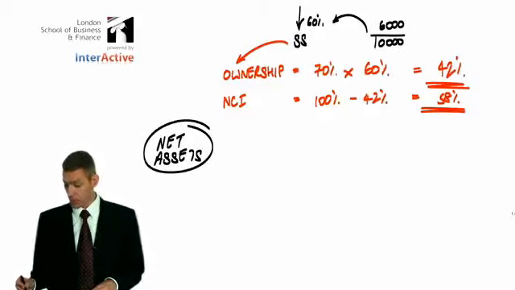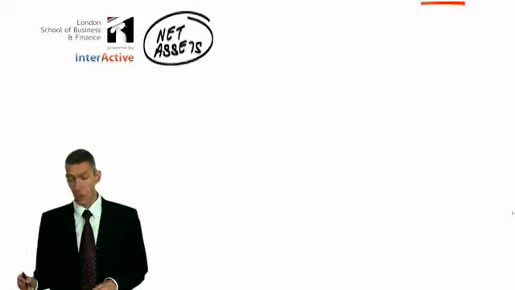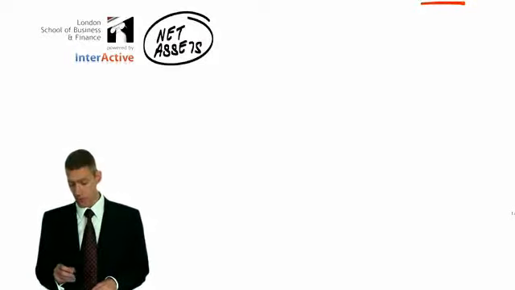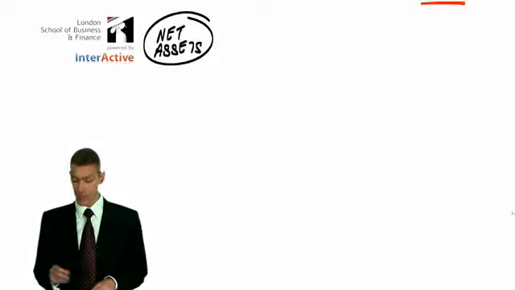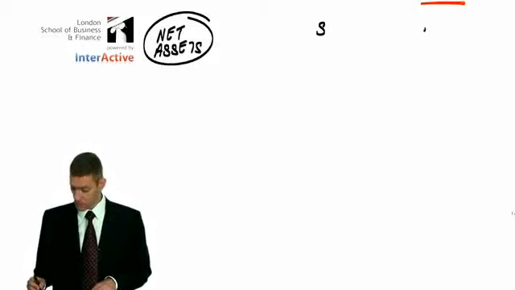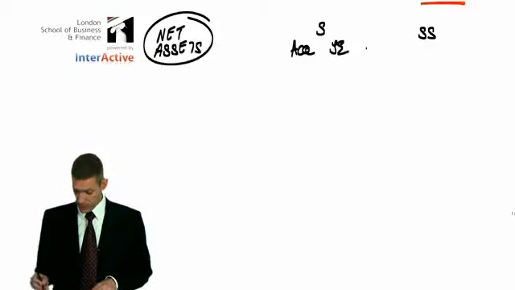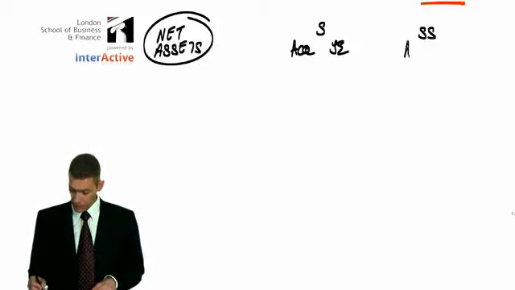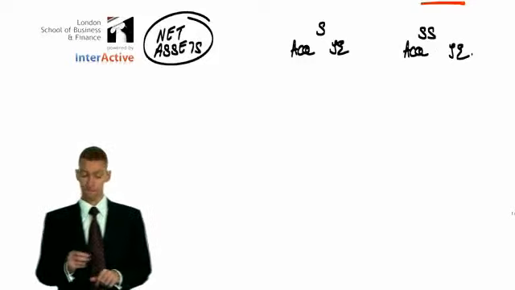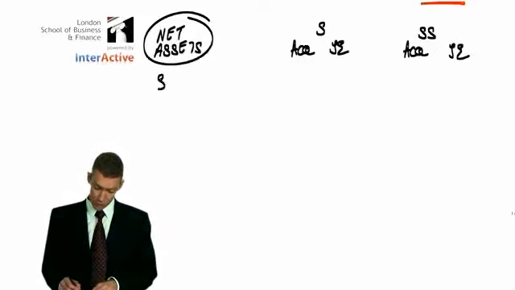Now the two points that are relevant are at acquisition and at the year end. But there are two entities, aren't there? There's the mid-sub and the sub-sub. So we've got the mid-sub at acquisition and at year end, and then we've got the sub-sub at acquisition and at the year end. Share capital doesn't change.